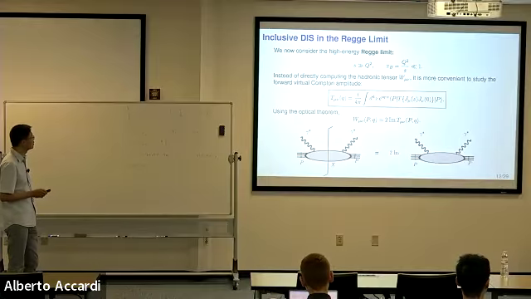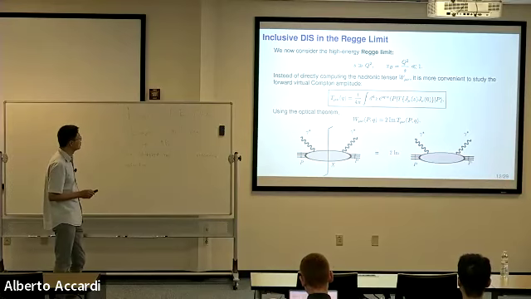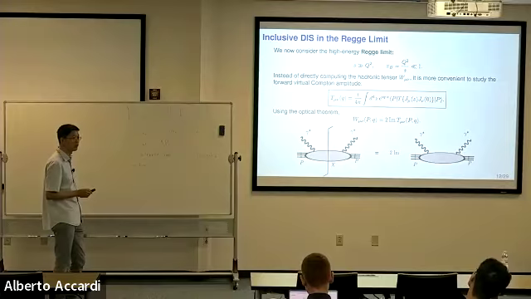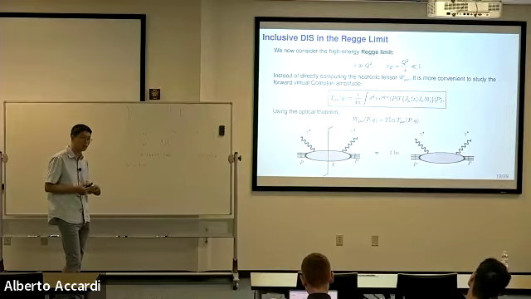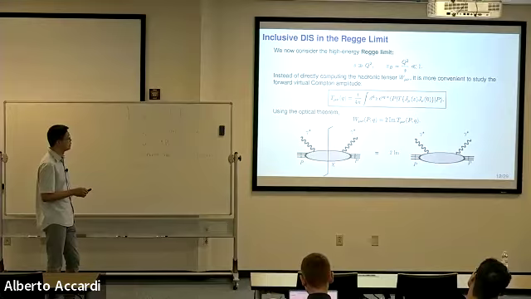Then how do we do this in the Regge limit? In the Regge limit, the large scale is not Q squared. Remember, we have the leading power expansion in lambda QCD squared over Q squared. That's what we truncated. But in this case, Q squared is not large.